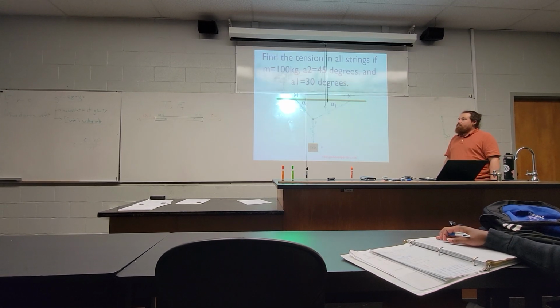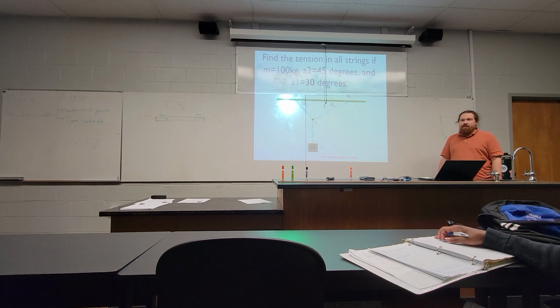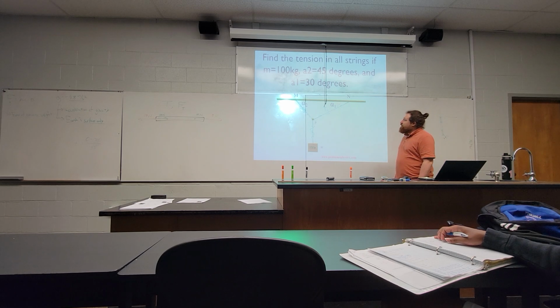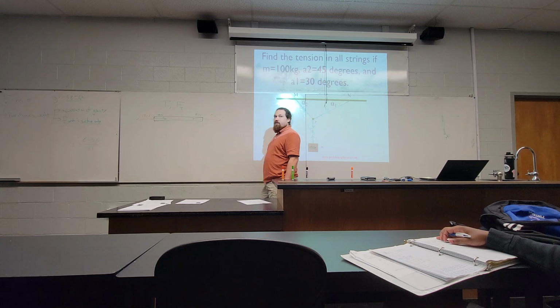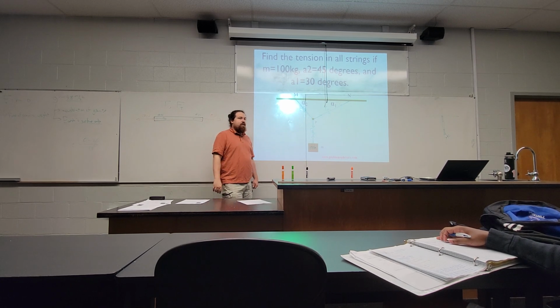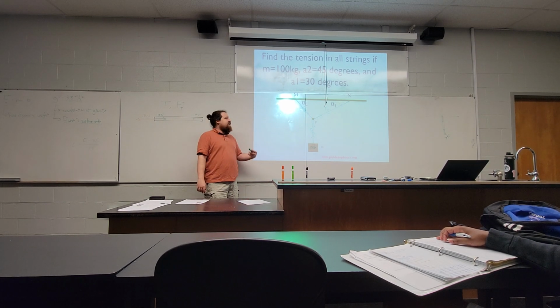So I have begun by labeling the tension in each rope. There are 3 ropes here, and I've labeled them 1, 2, and 3 accordingly. Rope 1, 2, and 3, which likewise all contain tension T1, T2, and T3.